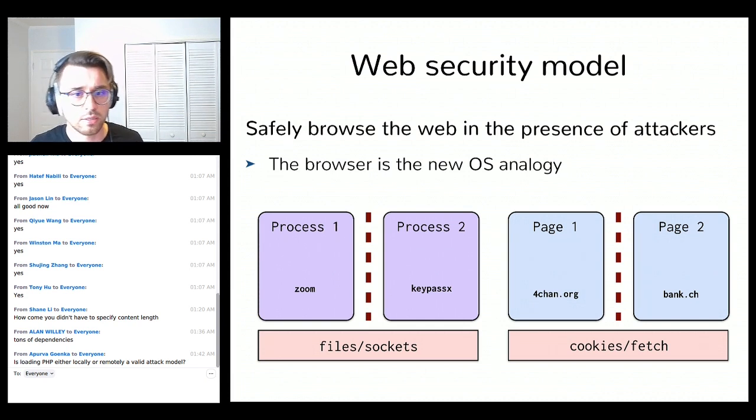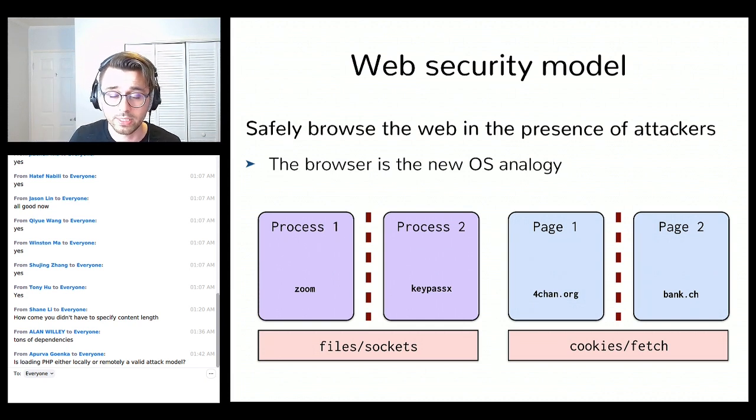So the attacker model that browsers assume is that you are visiting 4chan and you're visiting bank.ch at the same time. Either one of these can actually be malicious. So the browser assumes that it's dealing with untrusted content, right? Much like in the OS world, we want to separate two processes like Zoom from KeePass.